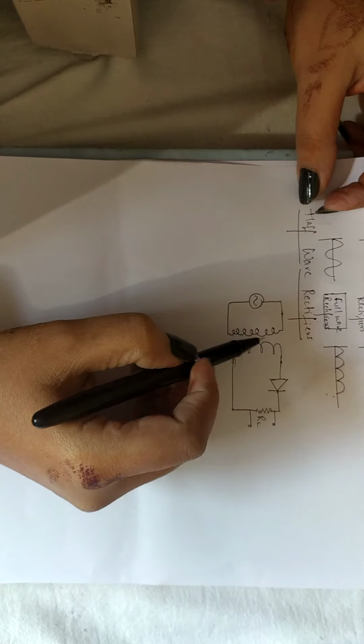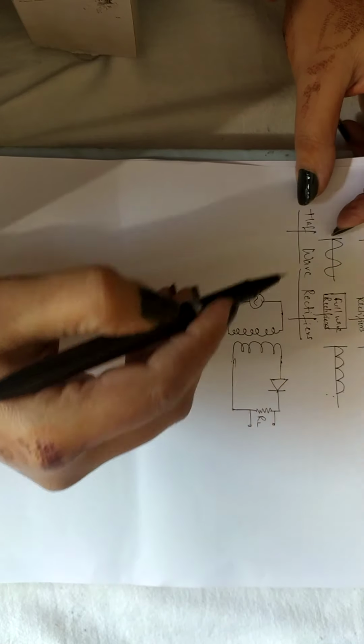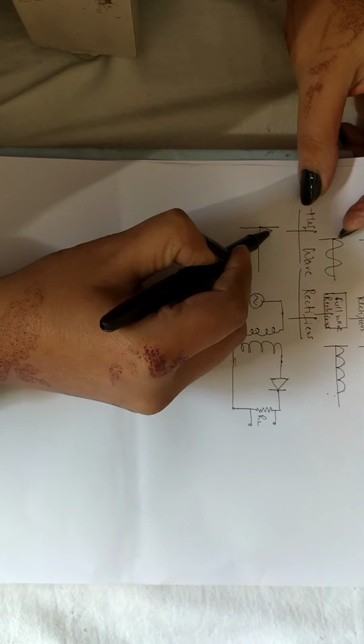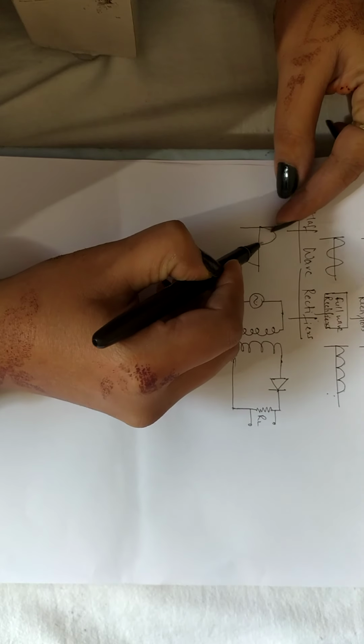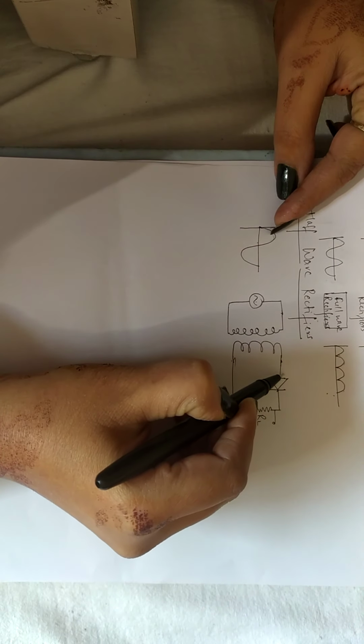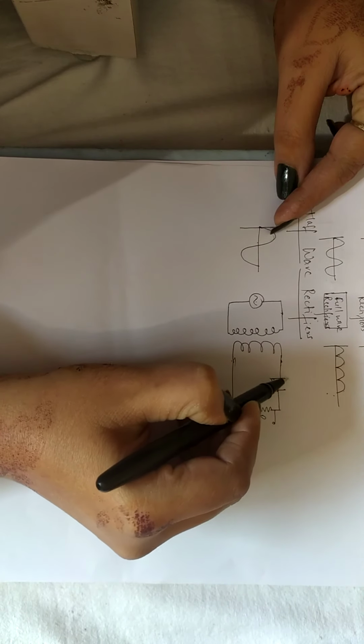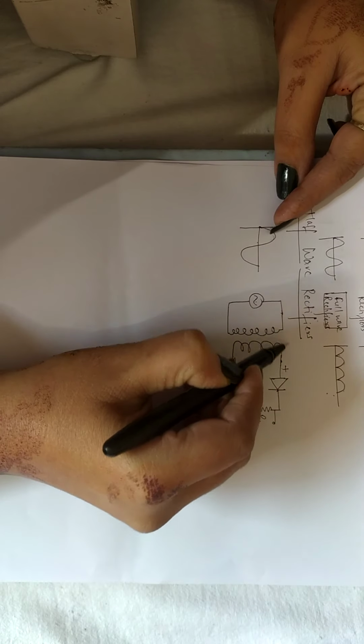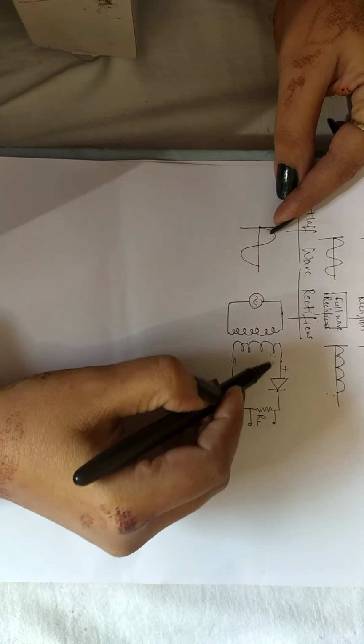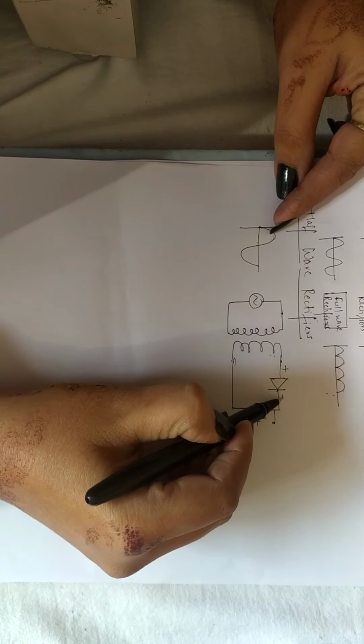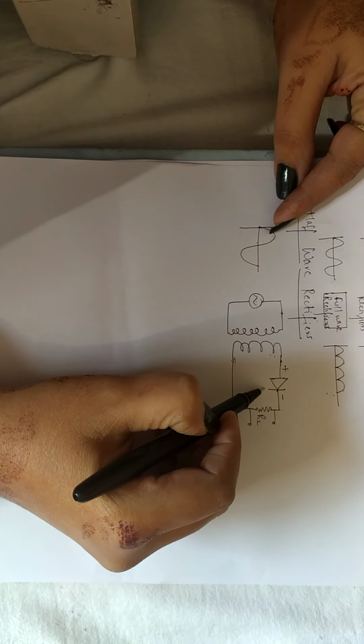Now how does it work? During the positive half cycle, the P end of the diode is getting positive and the other end is getting negative. So the diode is in forward biasing.